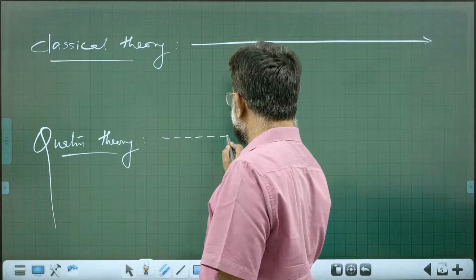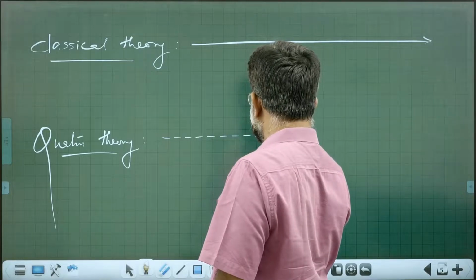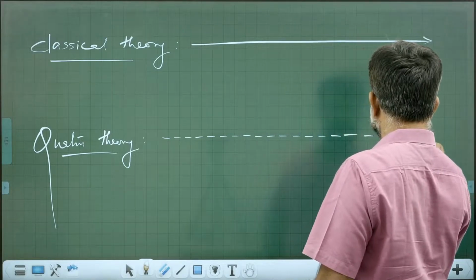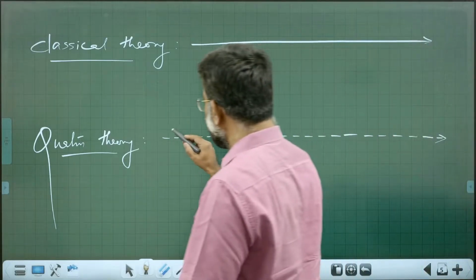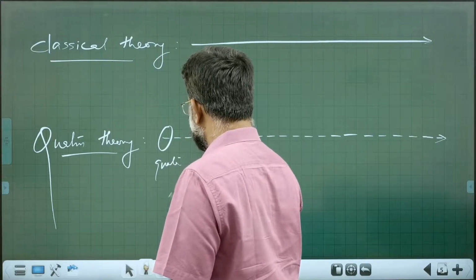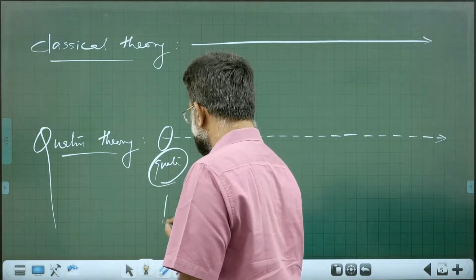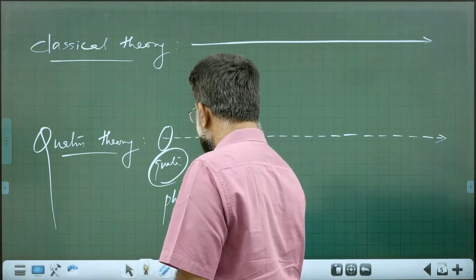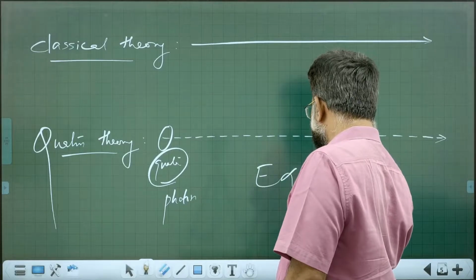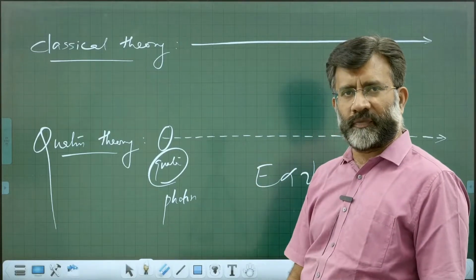It is in a discontinuous manner. Small packets of energy, and each packet is called a quanta. In the case of light, it is called a photon.